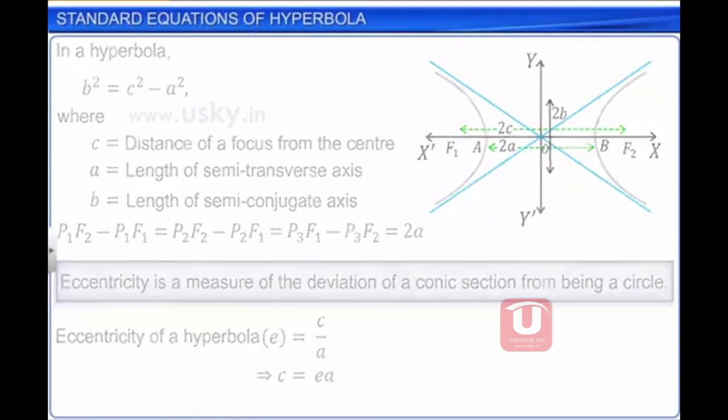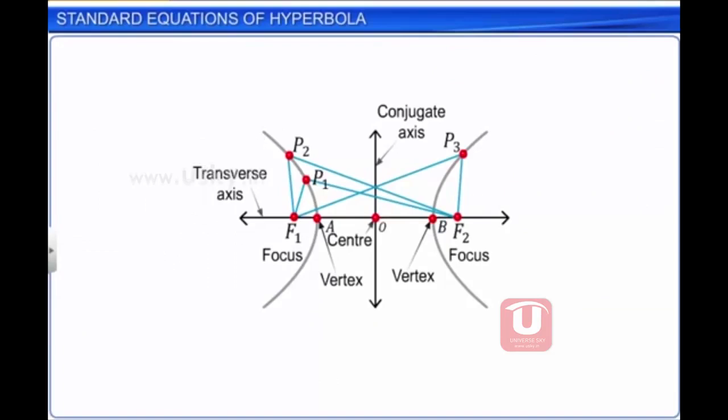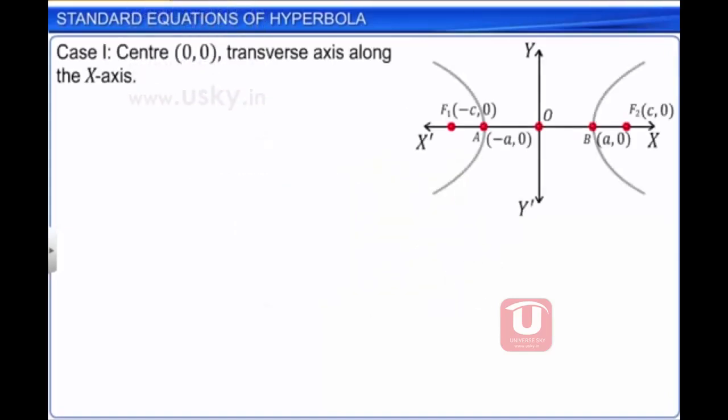If we consider a hyperbola with its center at the origin and its transverse axis along the x or the y axis, then there are two distinct possibilities. In the first case, we can have a hyperbola with its center lying on the origin and its transverse axis along the x-axis.